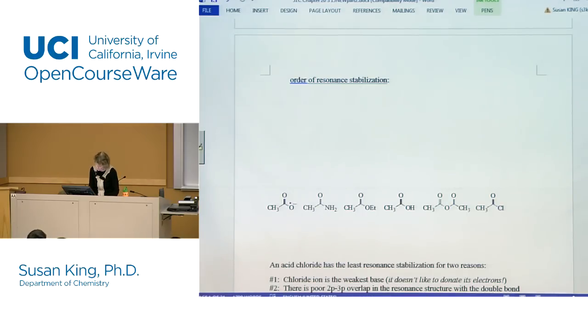So let's draw some resonance structures here for these guys. I'm going to pretty much hit the two extremes here. So we can draw a resonance structure for a carboxy group. That's a deprotonated carboxylic acid. We see that we have two equivalent energy resonance structures.